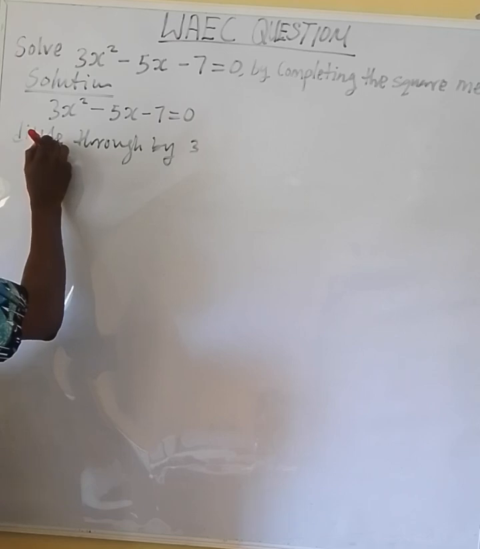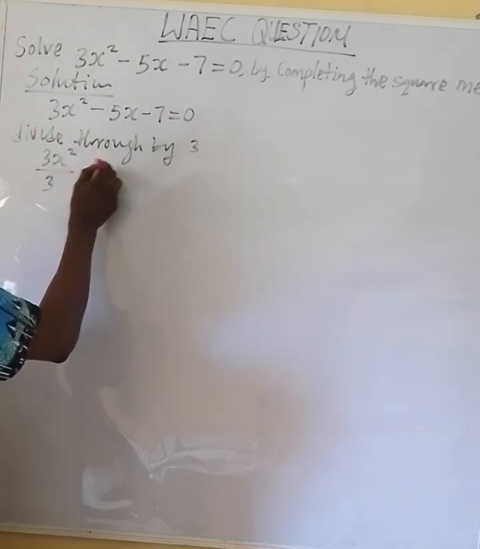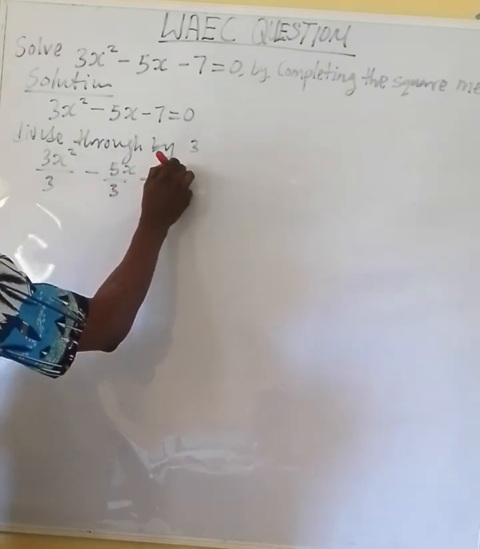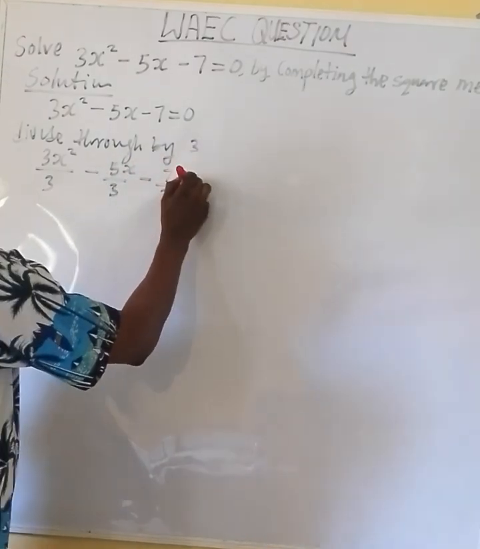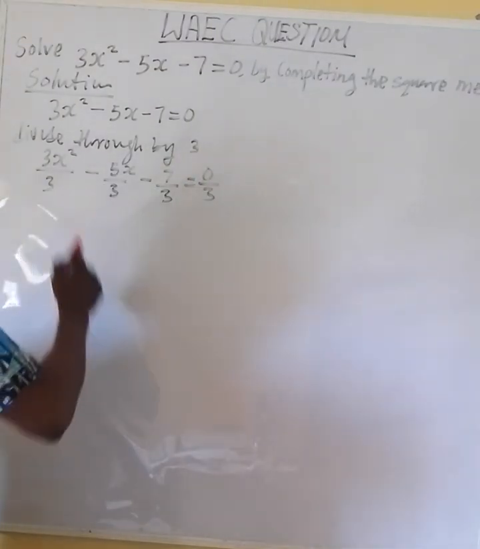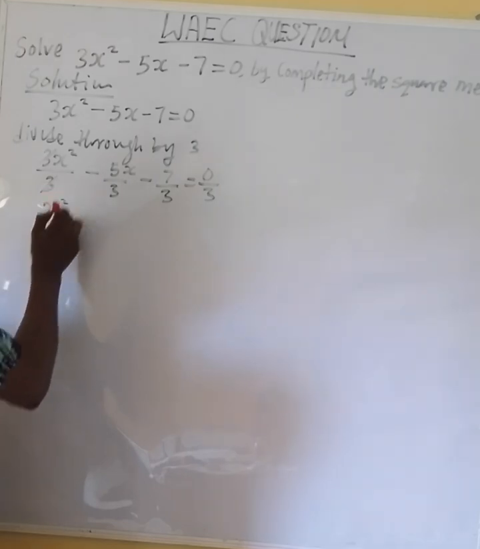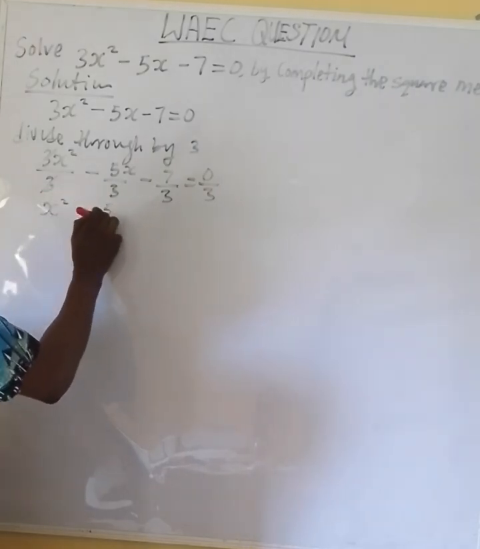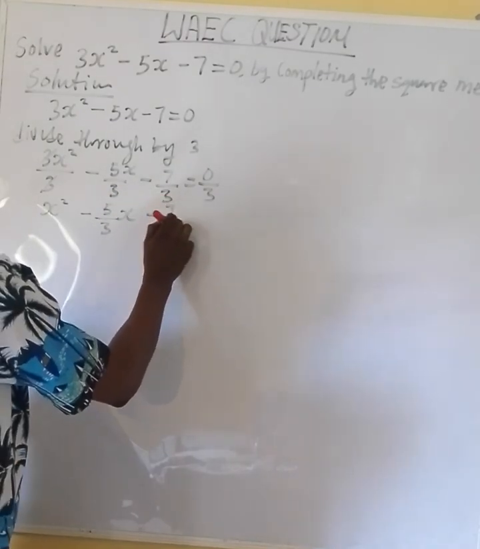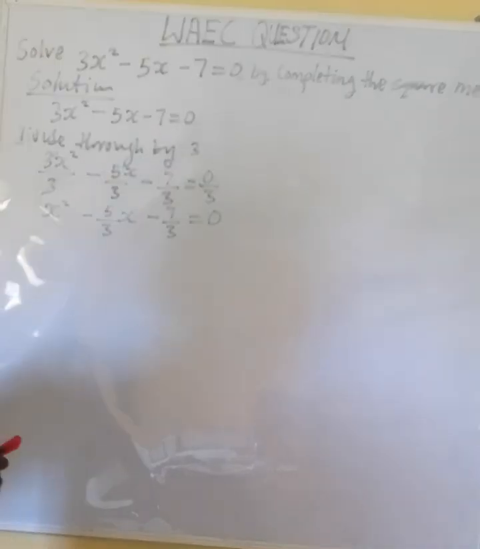So it gives us 3x squared over 3 minus 5x over 3 minus 7 over 3 equals 0 over 3. Are we together? Now 3 will cancel 3. We have x squared minus 5 over 3x minus 7 over 3 equals 0. 0 over 3 is the same thing as 0.